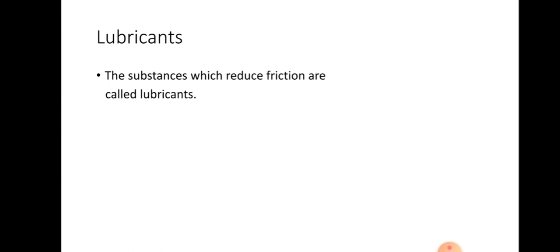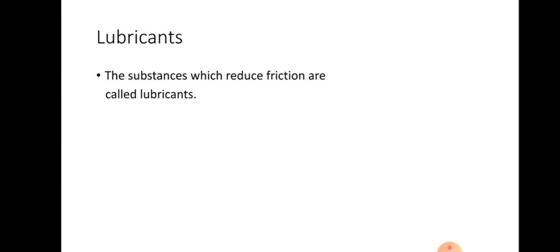Next one, in the book on page number 152, they ask some questions. Can we reduce friction to zero by polishing surfaces or using a large amount of lubricants? They ask whether the friction can come to zero.